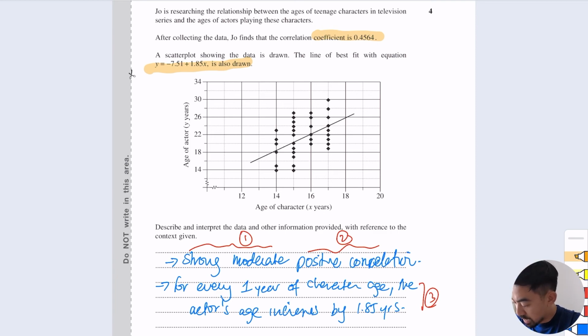So just by looking at it, I think I'm going to say describe and interpret the data. Okay.